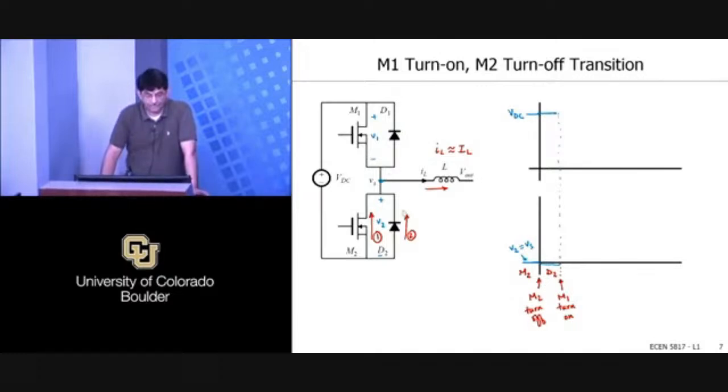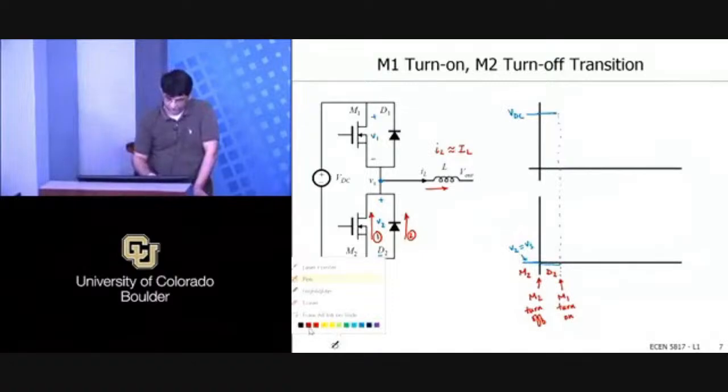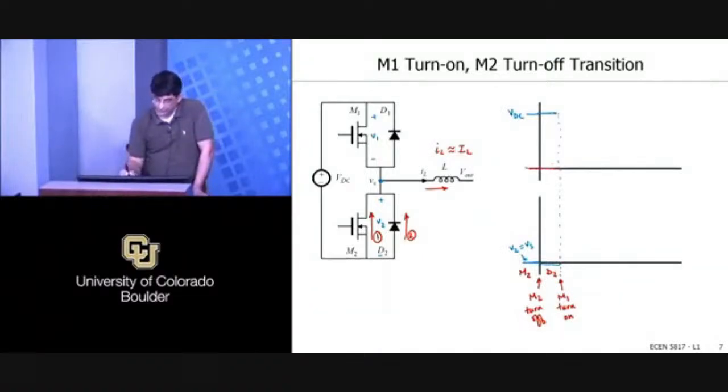Well, let's talk first in terms of the currents. All right, M1 current is going to do what? Increase. It's going to increase, all right? So I'm going to see M1 current, so let's call this I channel 1.